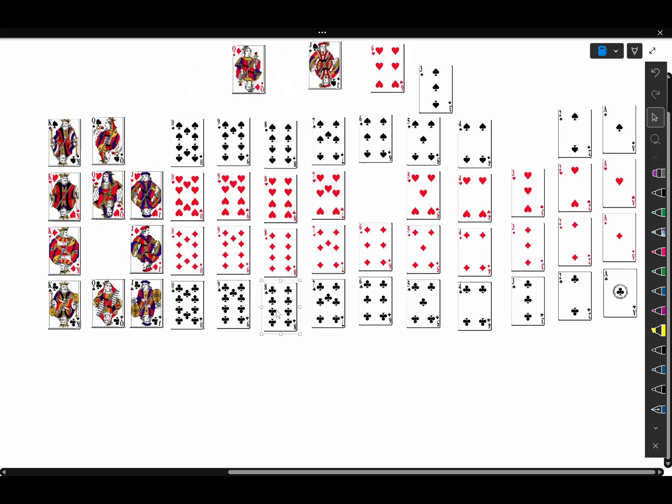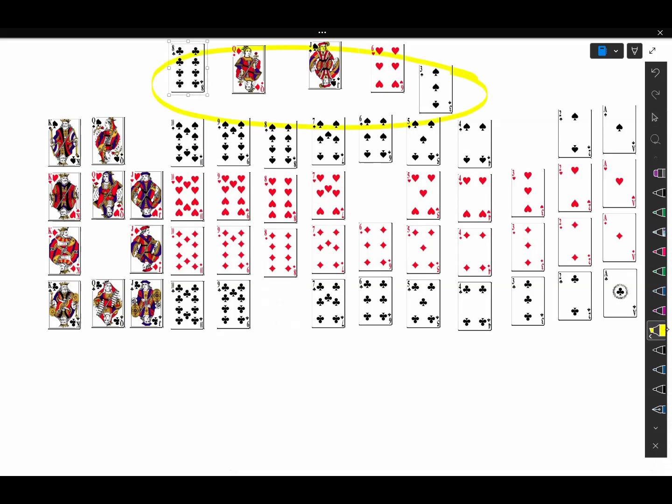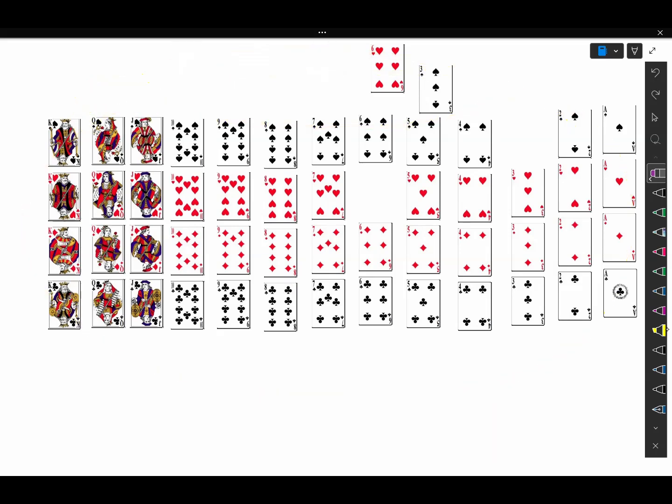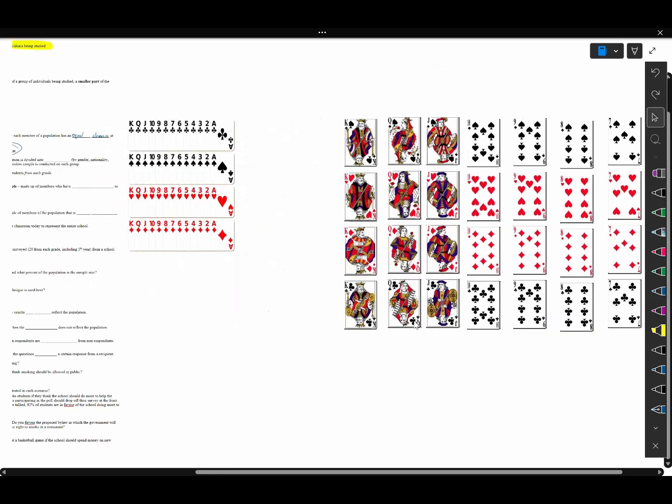We would ask some questions of just those cards pulled out of the deck to make some assumptions on the entire deck altogether. If that's the case, that's a simple random sample. That is among the easiest sampling techniques to visualize.